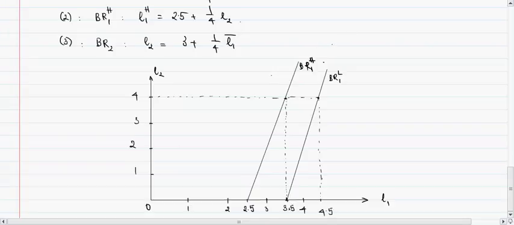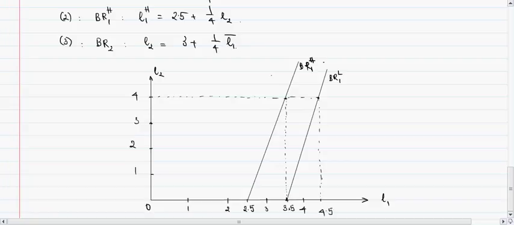Now the last one is the best response function for player 2, and that is going to be L2 equals 3 plus a quarter of L1. If I make L1 equal to 0, L2 is going to be equal to 3, so I have 1 point over here.